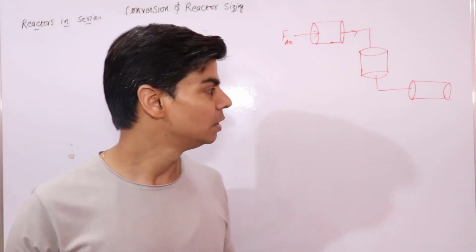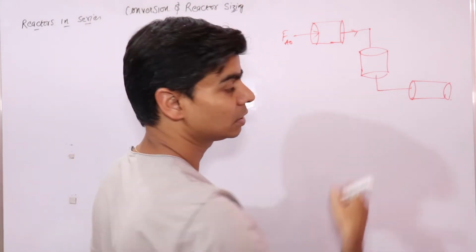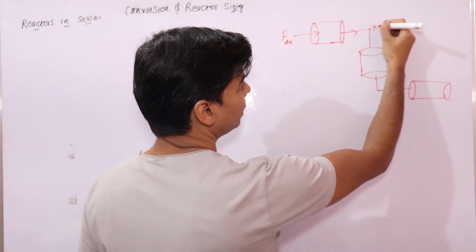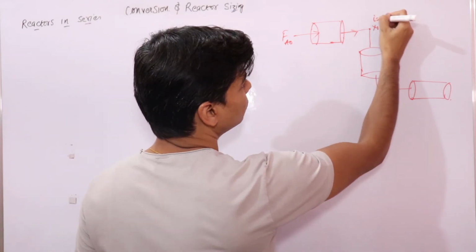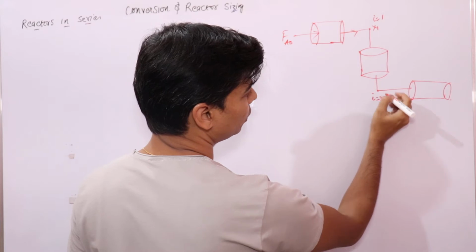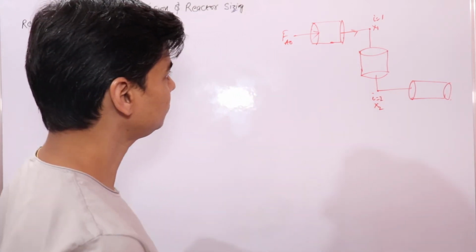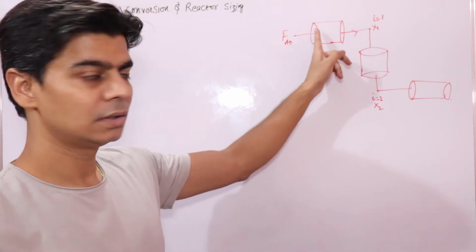We will be calculating the flow rate and applying the mole balance equation at different points. We will be looking at the conversion at different points and the molar flow rate. Suppose the conversion at point i equals 1 is X1, and at i equals 2 is X2.